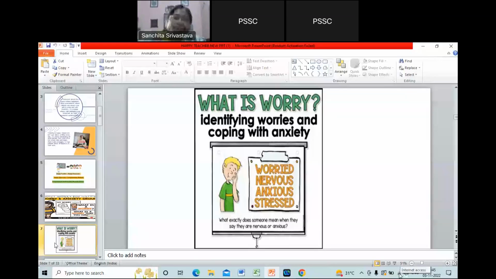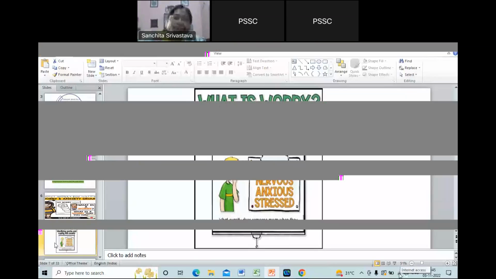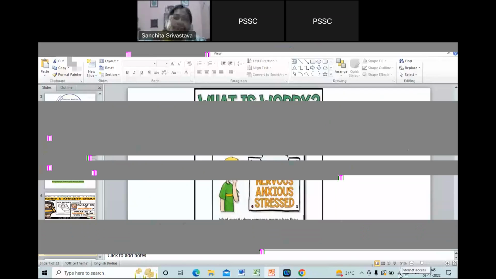Sometimes when the child is coming from a very disturbed atmosphere, the child may find the environment stressful. So you have to sometimes take small activities like that: children, what are the main worries in your class? If this is worrying, what is the thing that is disturbing you? That has to be taken into consideration.